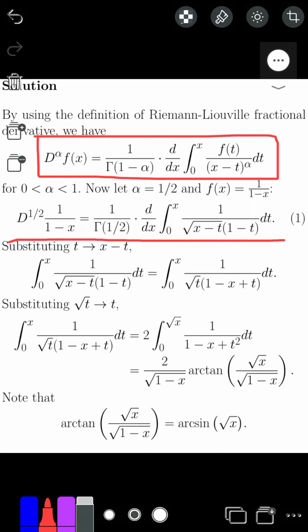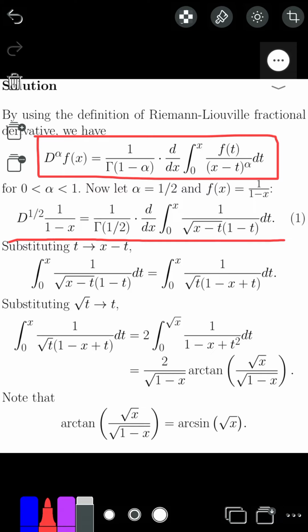After substituting t to x minus t, we get this integral right here. This integral in equation 1, the one I'm underlining so thick right here, is equal to the integral from 0 to x of 1 over square root of t times 1 minus x plus t dt. Now to solve this, I'm going to erase this first.